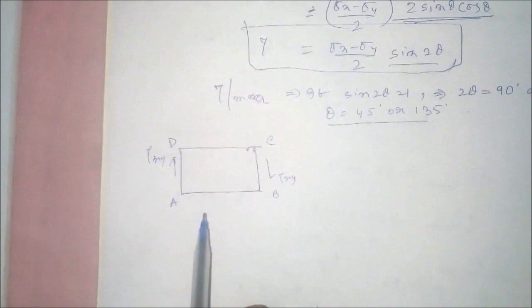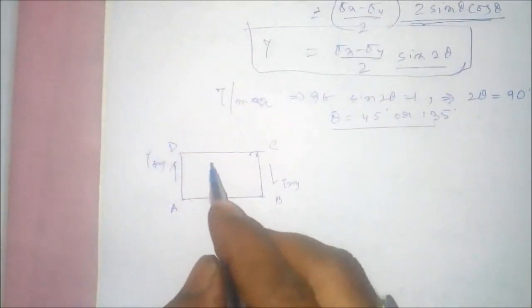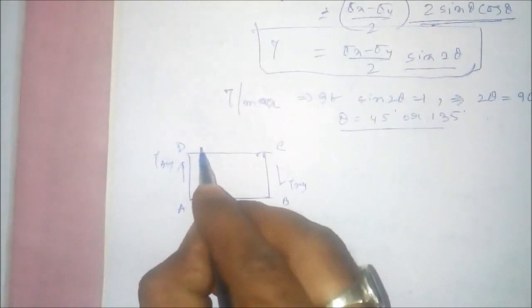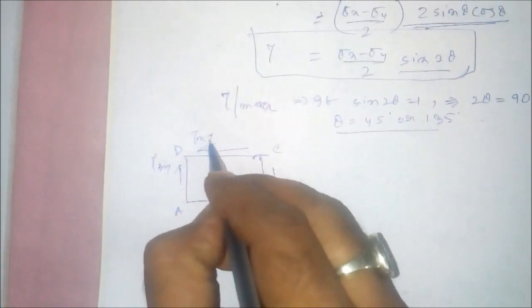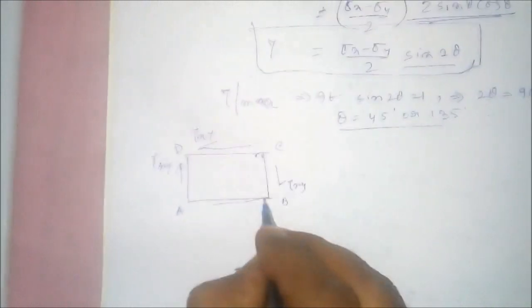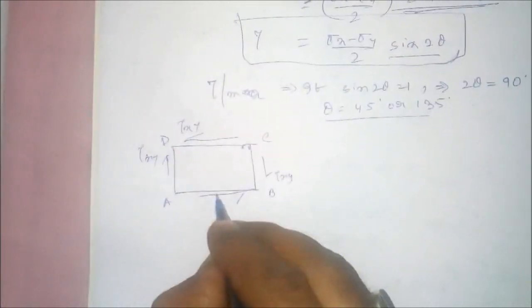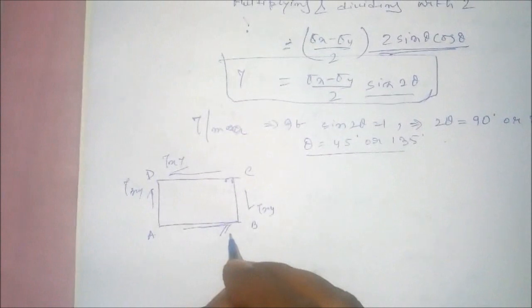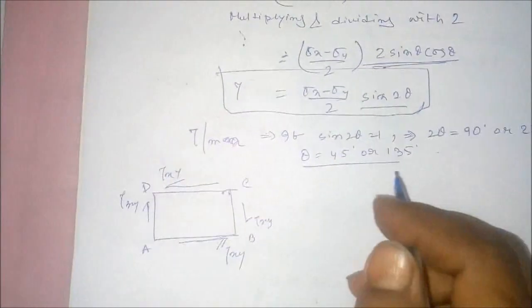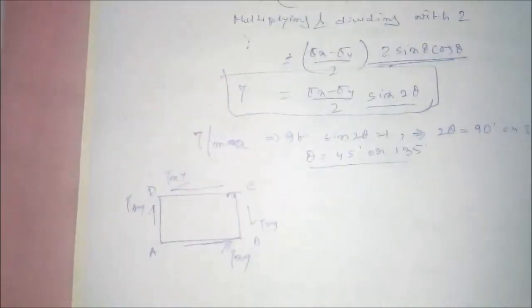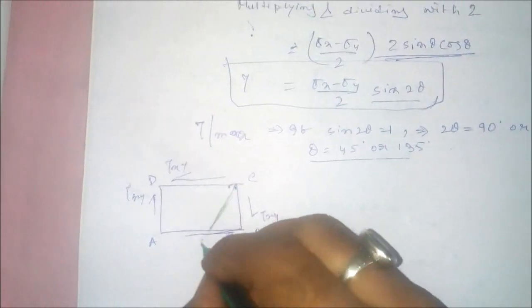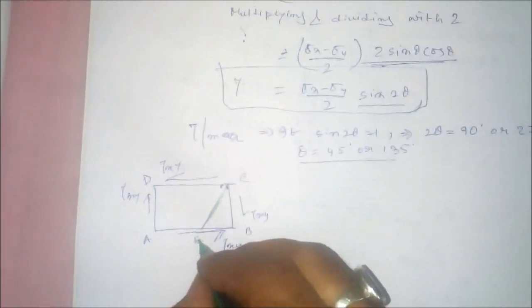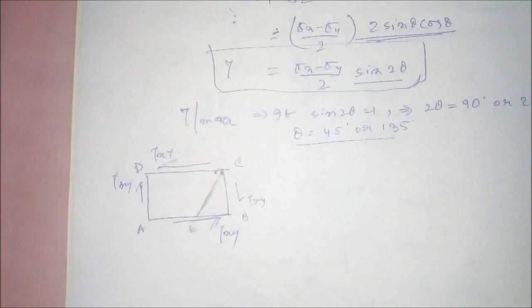Now the shear force will be accompanied by a balancing shear force that will act in this direction and in this direction, tau xy, right? Now what will be the forces on a particular plane? Suppose this is E, then what will be the forces on plane EC?